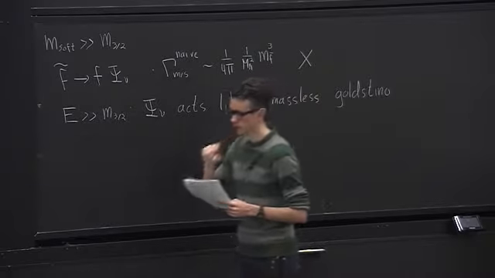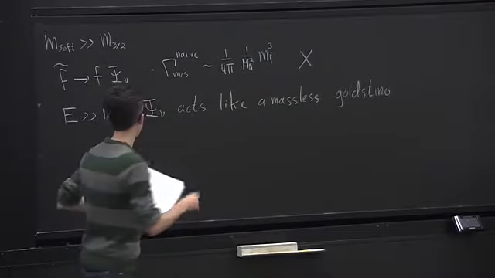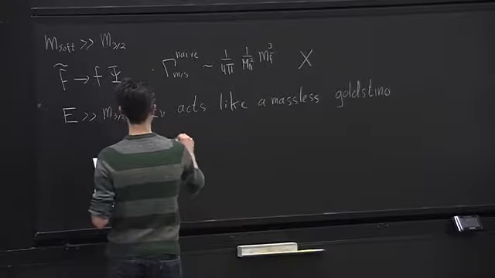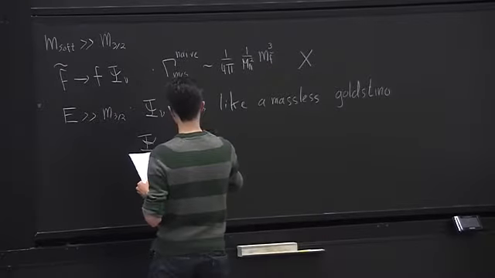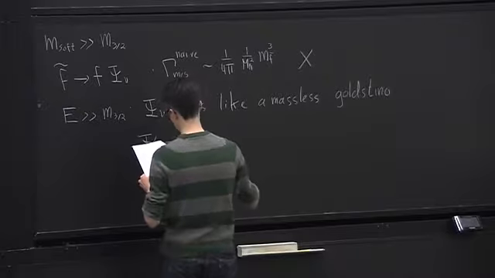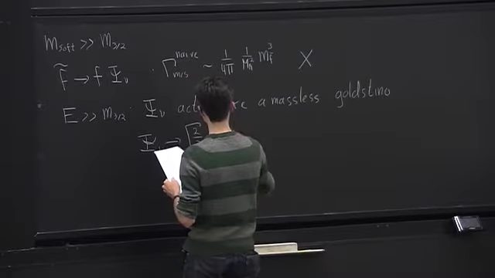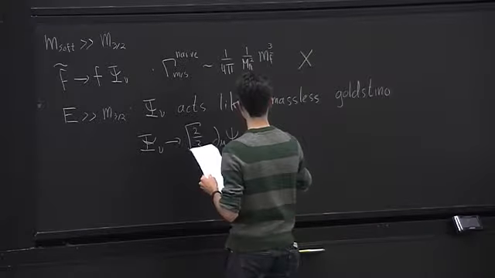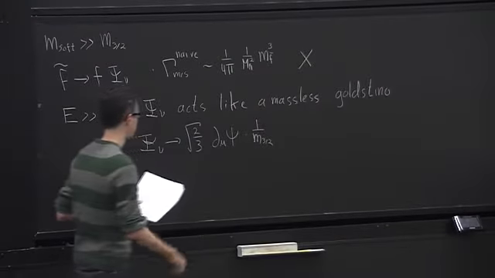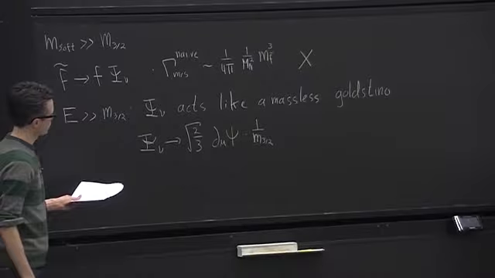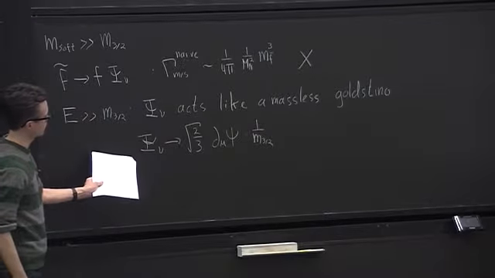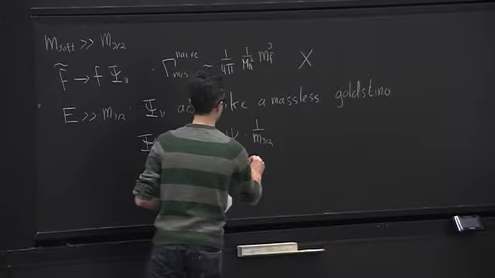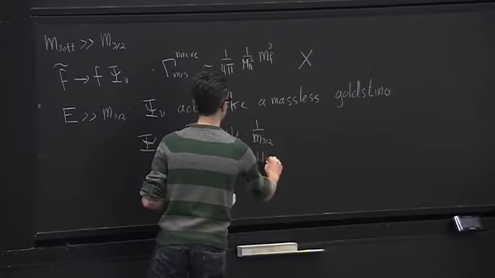So the way to deal with this is to replace my psi mu by root 2/3 del mu of psi times 1 over m3 halves. Here the dimensions work out. This psi is my Goldstino.